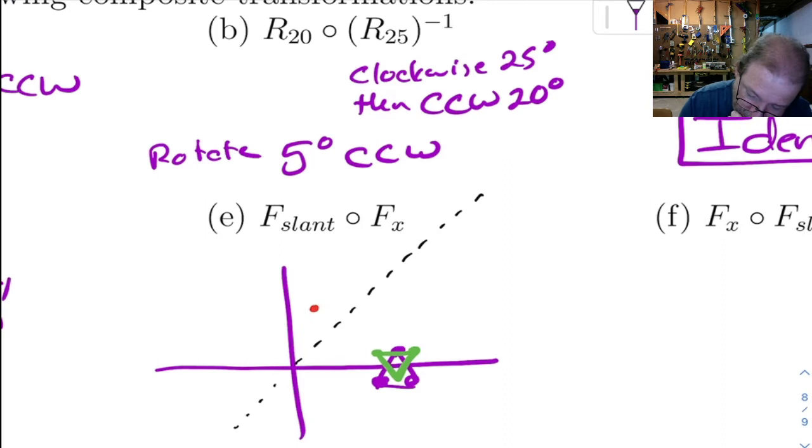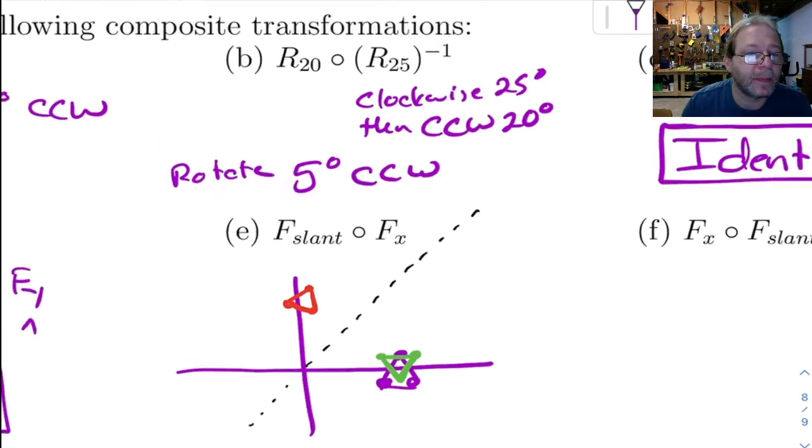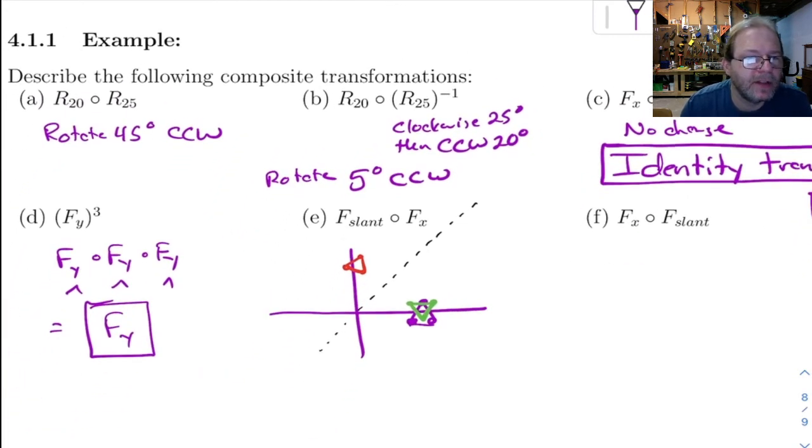Something kind of like that. It's going to reflect across there. So what is that? It turns out it's actually a rotation.